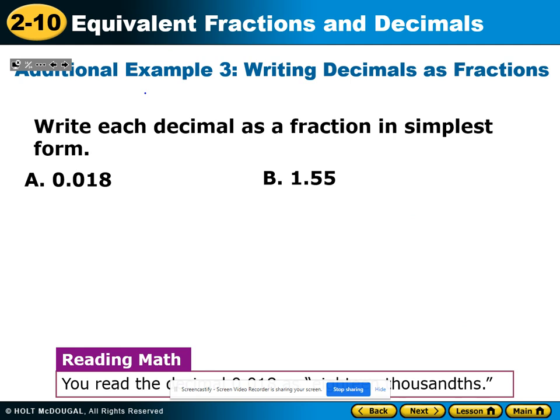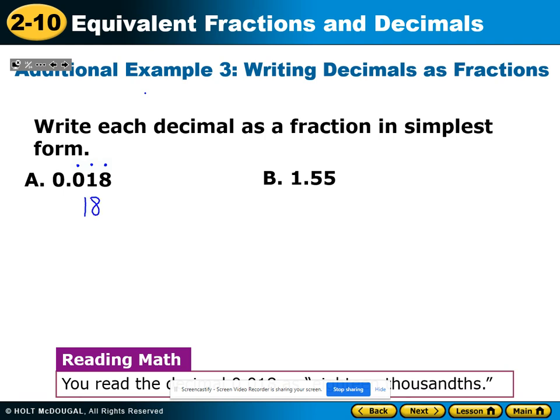Now, write each decimal as a fraction in simplest form. So, there is a cheat. If you say it like we're supposed to say math problems, you have no problem doing what you need to. So we have to work on saying things the correct way, not 0.018, which I really like to do. But if I look, tenths, hundredths, thousandths, 18 thousandths.